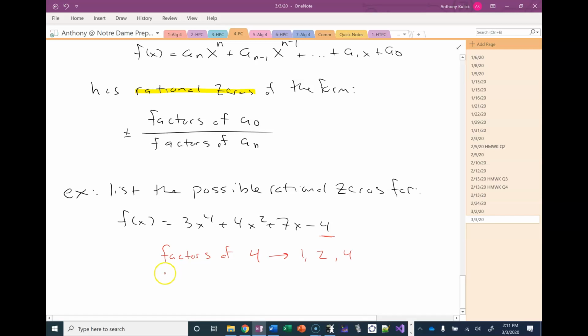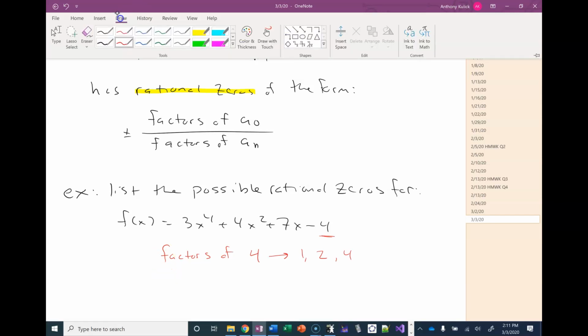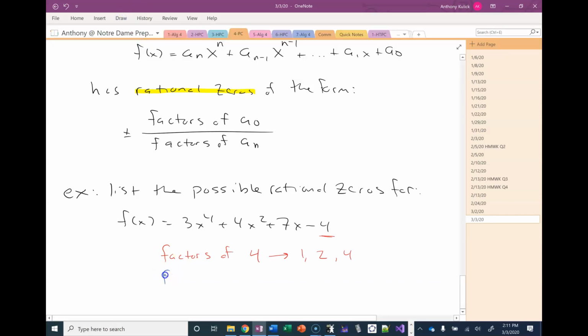The other thing that we care about is we also need the factors of the leading coefficient. What are the factors of 3? 3 and 1. Everybody okay there?